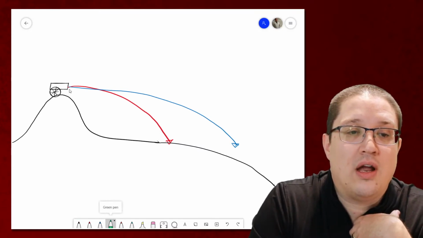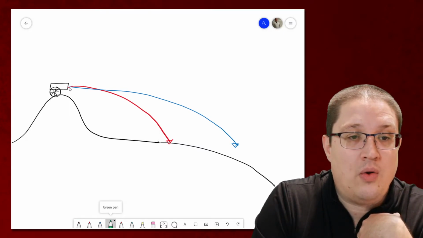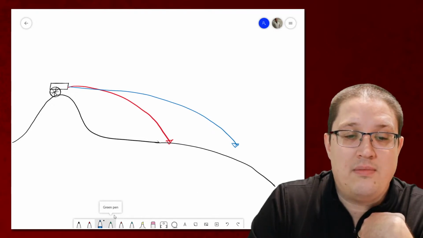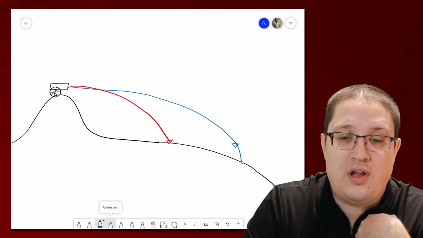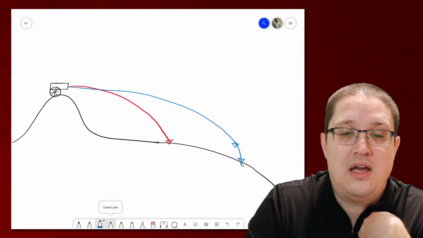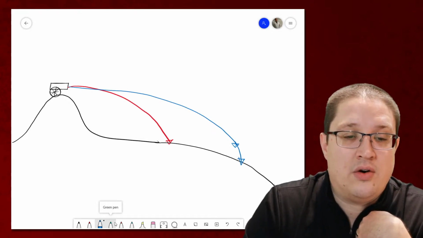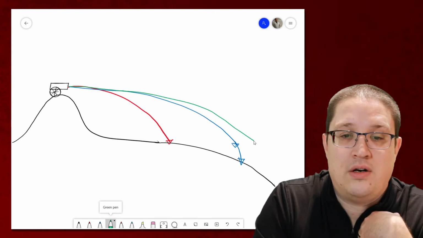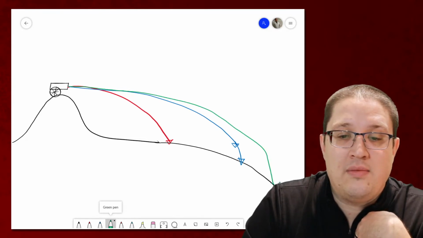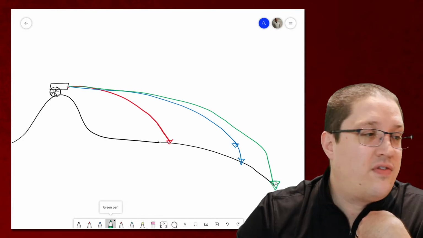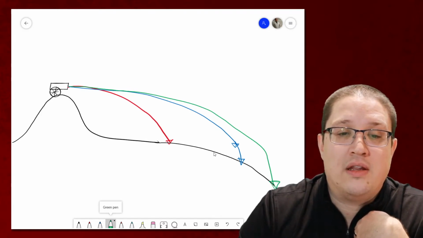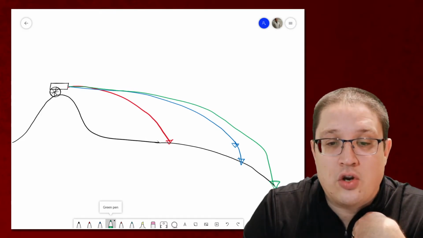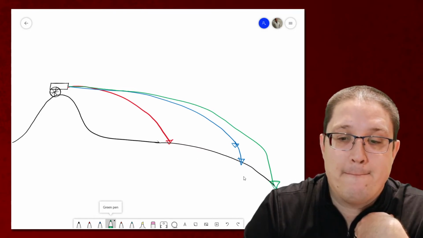So this faster cannonball here actually traveled an additional distance to get down to the ground because the Earth was curving away from it. If I fire it still faster, you'll see that the cannonball travels further still before hitting the ground because the Earth's surface is curving away from it.